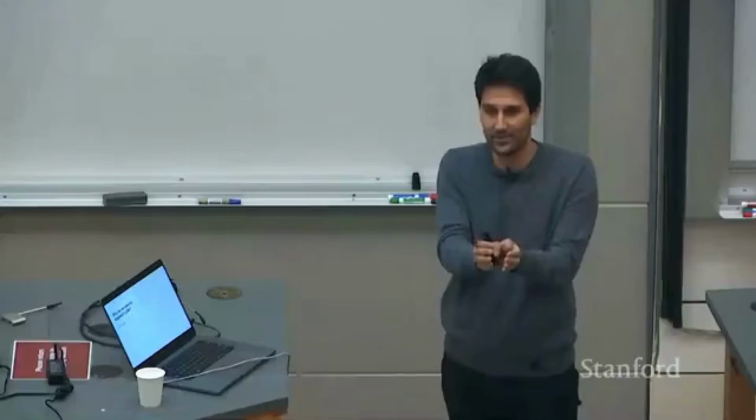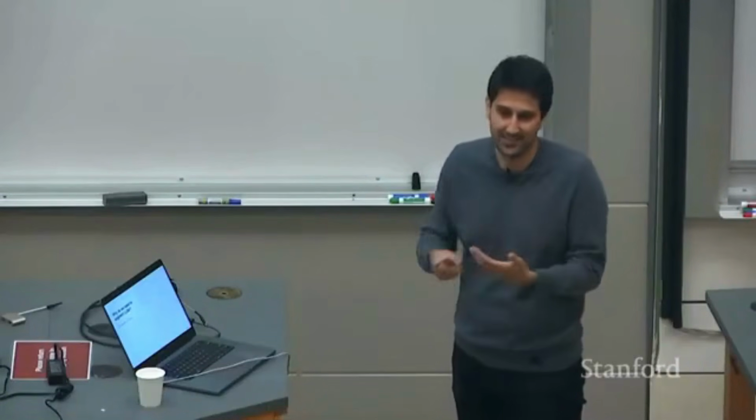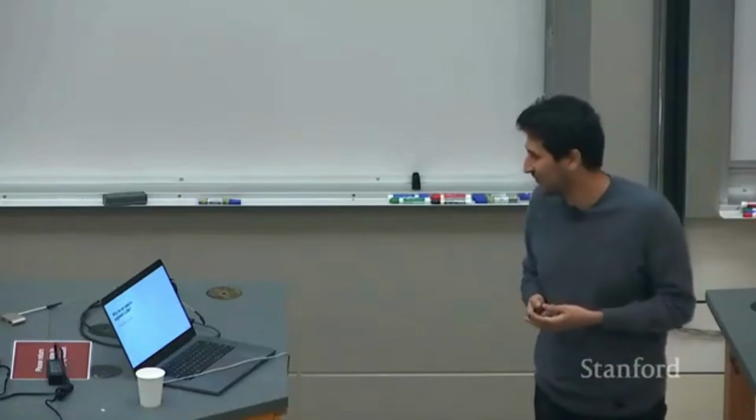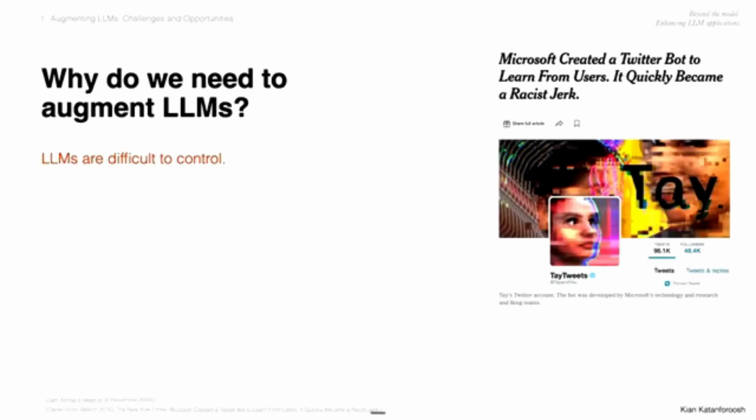I'm going to add a few more as well. LLMs are very difficult to control. Your last point is actually an example of that. You want to control the LLM to use a part of its knowledge, but it's not. It's in fact getting confused. We've seen that in history. In 2016, Microsoft created a notorious Twitter bot that learned from users, and it quickly became a racist jerk.